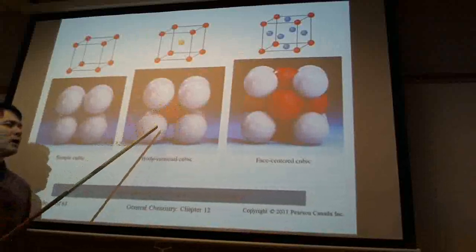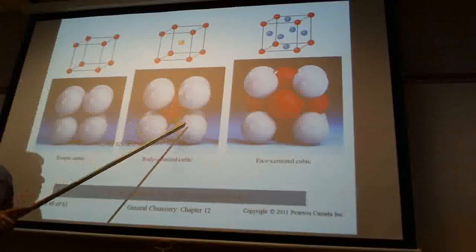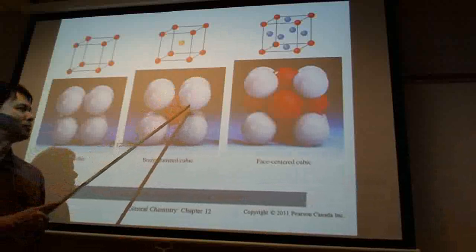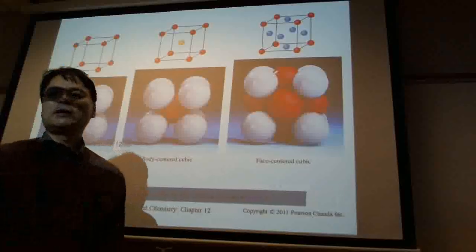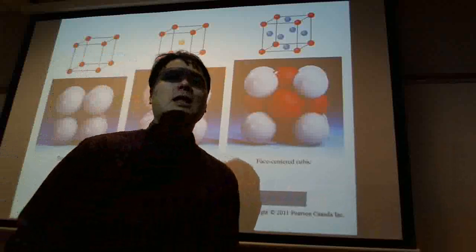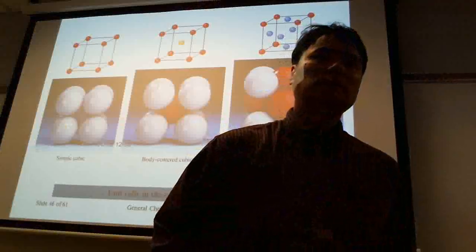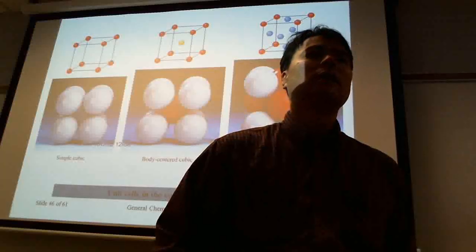In a body-centered cubic, this would be like magnesium metal. Magnesium metal packs together in a body-centered cubic manner, and all the magnesium atoms are the same size. And so build the body-centered cubic lattice next.